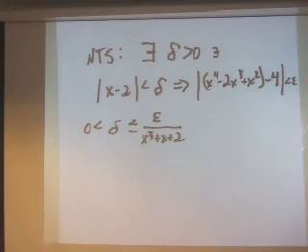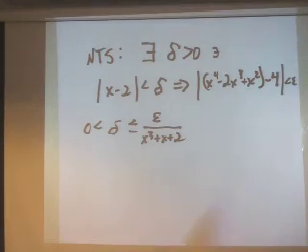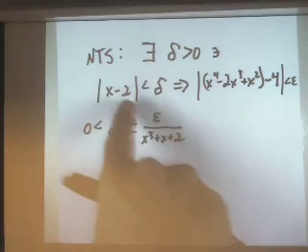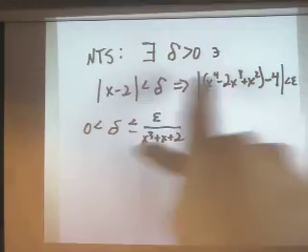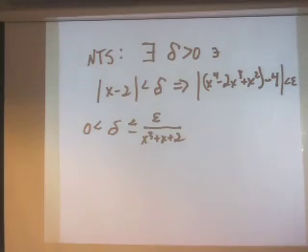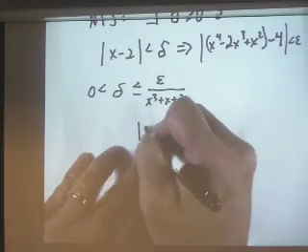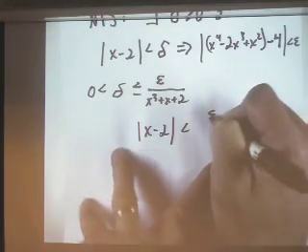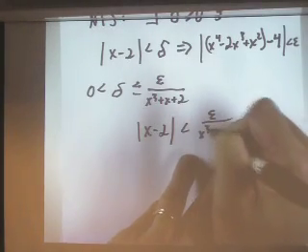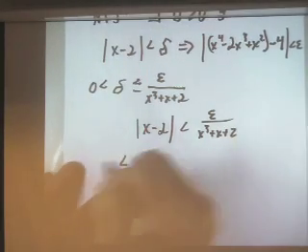Okay? What if delta was this arbitrary number? Well, let's see if that will imply that if the absolute value of x minus 2 is less than this choice for delta, then this over here follows. If it does, we're finished. Okay, well, let's take the absolute value of x minus 2 and set it less than this number. Dropping the absolute value bars, we have this.